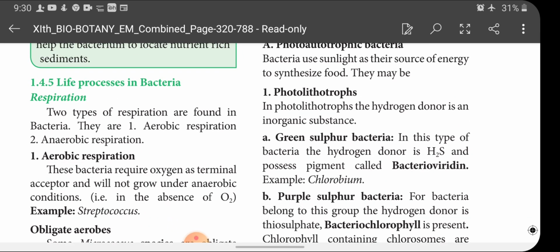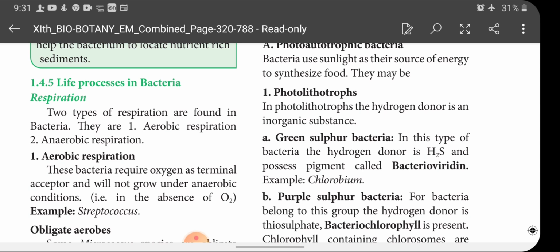First one, photolithotrophs. In photolithotrophs, the hydrogen donor is an inorganic substance. For autotrophs, a hydrogen donor should be there. Here in photolithotrophs, the hydrogen donor is an inorganic substance such as hydrogen sulfide.